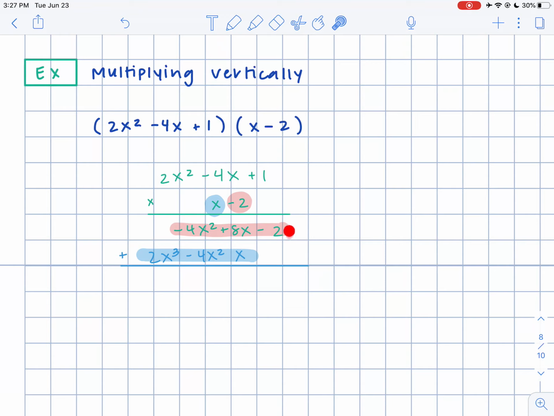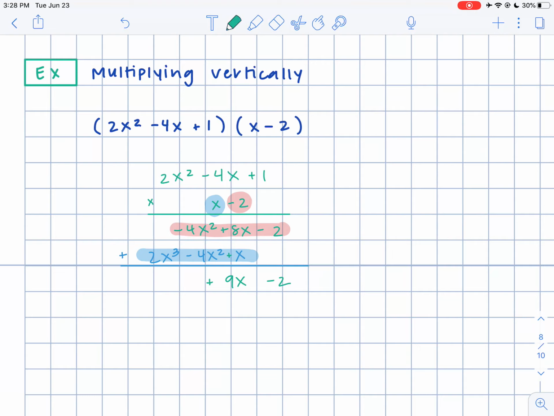And you can see our constant, this is our only constant, so this is -2. And these are like terms, 8x and x, because they have a degree of 1. So this should be positive. Okay, so 8x plus x gives us 9x, positive 9x. And now we have -4x squared and -4x squared.